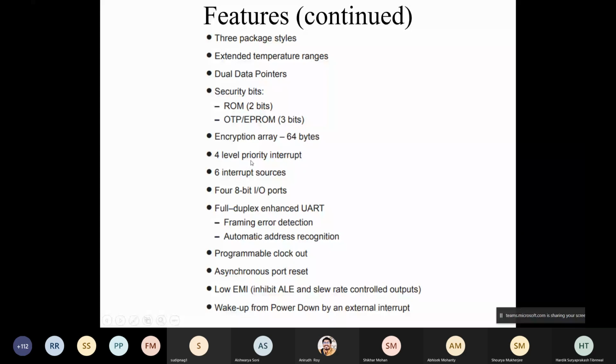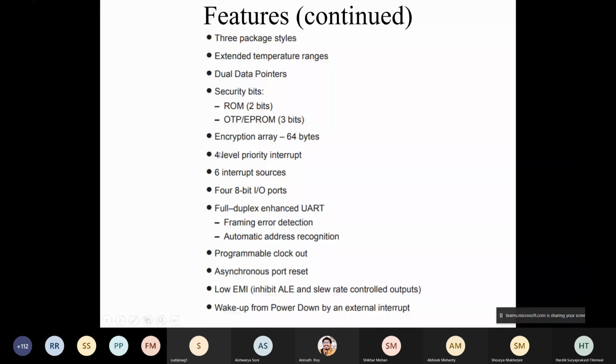Same in microcontrollers, high priority interrupts are immediately serviced. There are different levels of priority. If multiple interrupts come at a time, you serve the highest priority first, then come to the next lower priority task, and go down along the 4 levels.